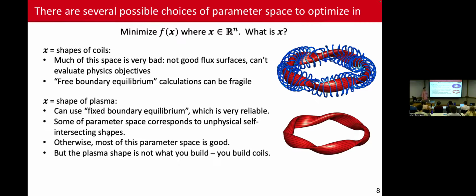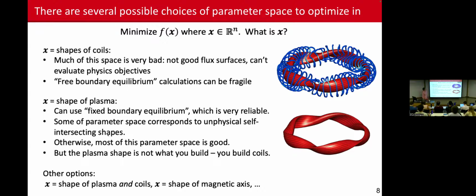That tends to be better behaved, easier to optimize, and this is typically what we do nowadays. What we're going to do is solve this problem for the plasma, and then solve a second problem for the coils. The first problem is going to be called stage 1, sorry for the jargon. And the second problem, where we figure out what coil should go with that plasma, is going to be called stage 2.